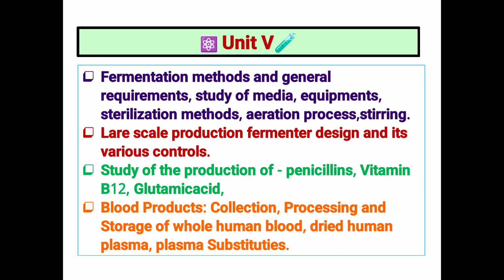The syllabus covers fermentation methods and general requirements, study of media, equipment, sterilization methods, aeration process, stirring, large scale production, fermenter design and various controls, study of production of penicillin, vitamin B12, glutamic acid, blood product collection, processing and storage of whole human blood, dried human plasma and plasma substituents.